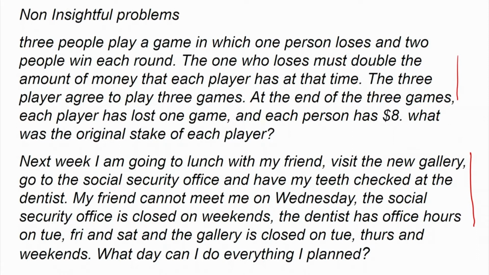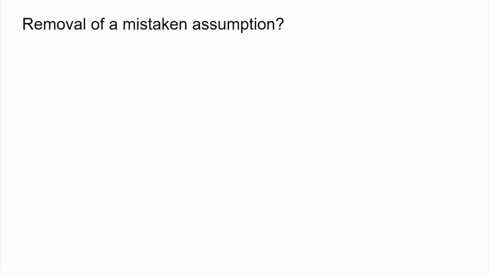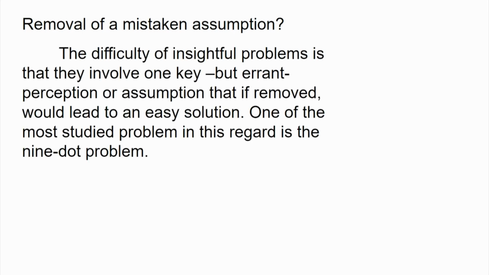So, these are the basic solutions, and this is the nature of insightful and non-insightful problems. So, the idea is removal of the mistaken assumption, which is there in insightful problems. Now, the difficulty of insightful problems is that they involve one key but errant proposal, which leads to the kind of difficulty that you face in solving a problem, right.